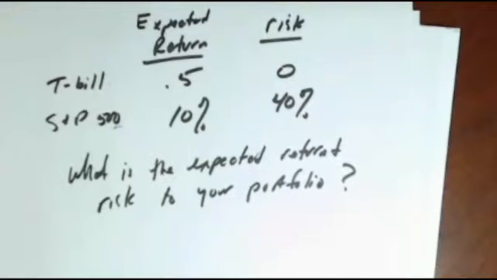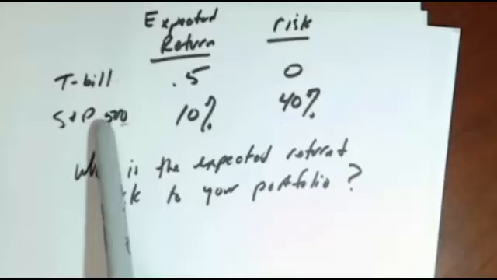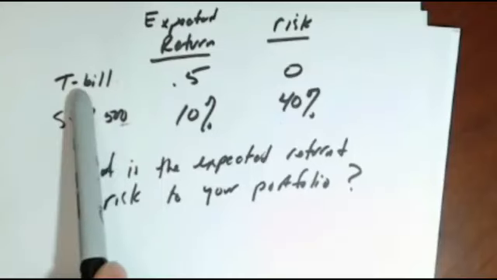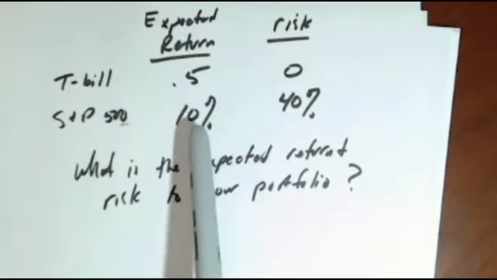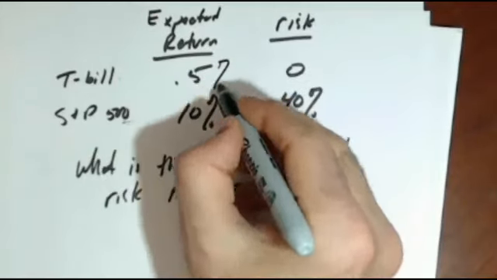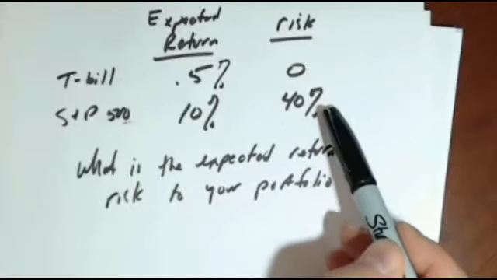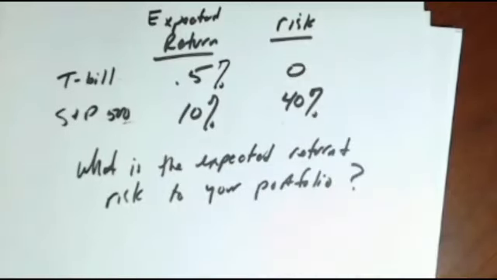Now let's continue with an example. Here we have two securities to invest in, the S&P 500 and the T-bill, and an expected return for each: 0.5% for the T-bill and 10% for the stock market. The risk for each is 0 for the T-bill, obviously, and a standard deviation of 40% for the stock market.